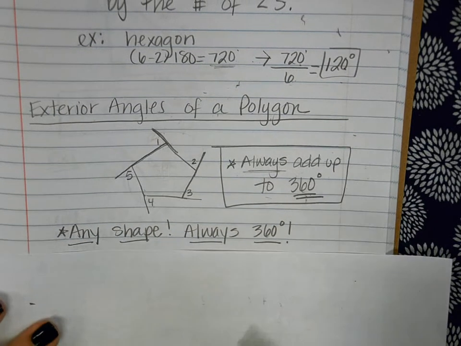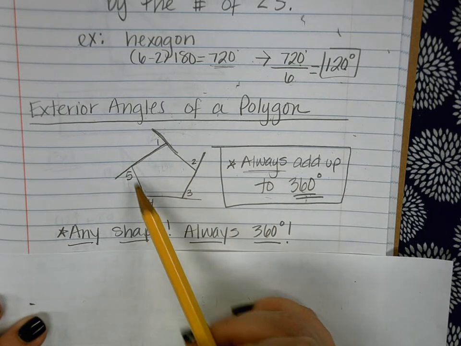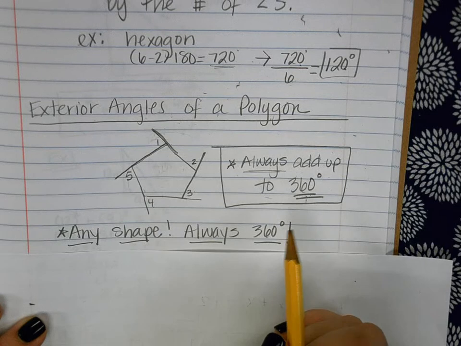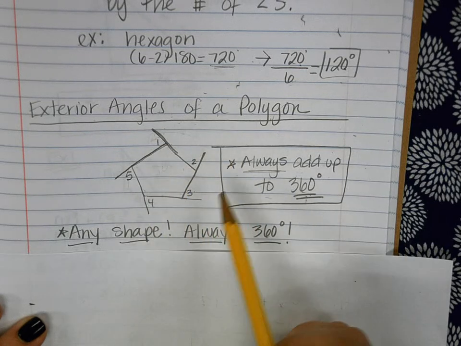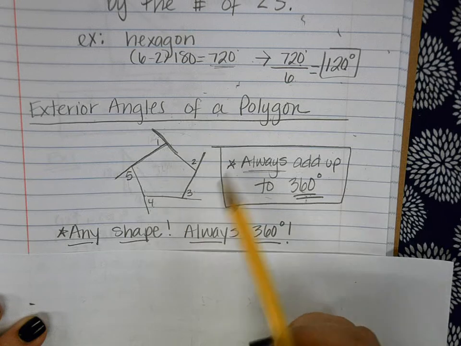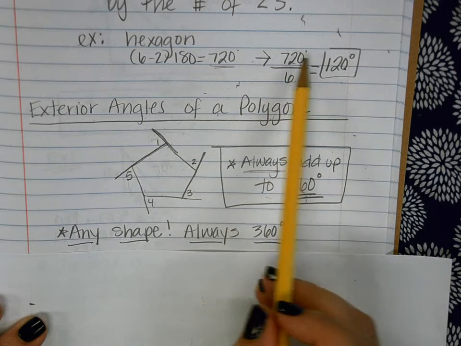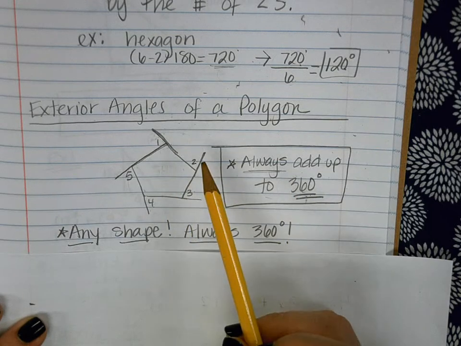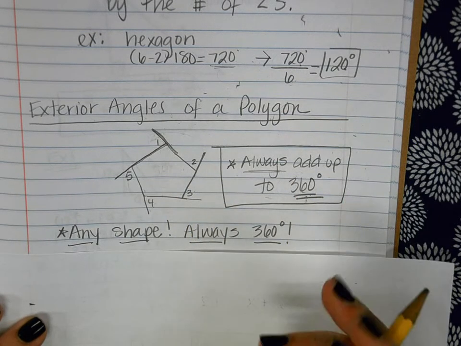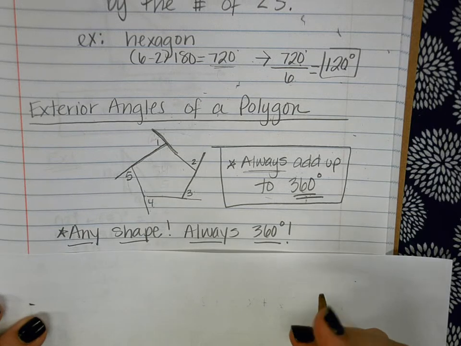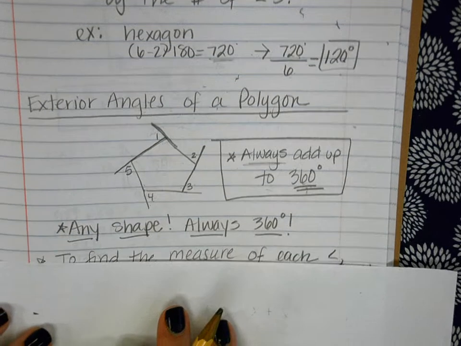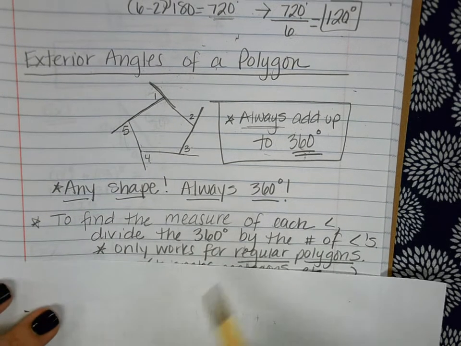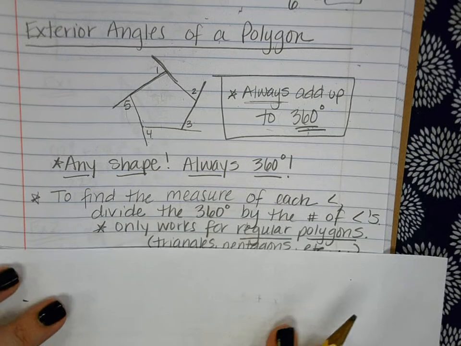So if you want to find one of these angles, what would you divide by? 360 divided by 5 on this one, right? So the other one, remember, is the total interior divided by the number. This is just always 360 divided by the number of angles. Okay? So I wrote that down. To find the measure of each angle, divide the 360 by the number of angles. But again, it only works for regular polygons like triangles, pentagons, etc.